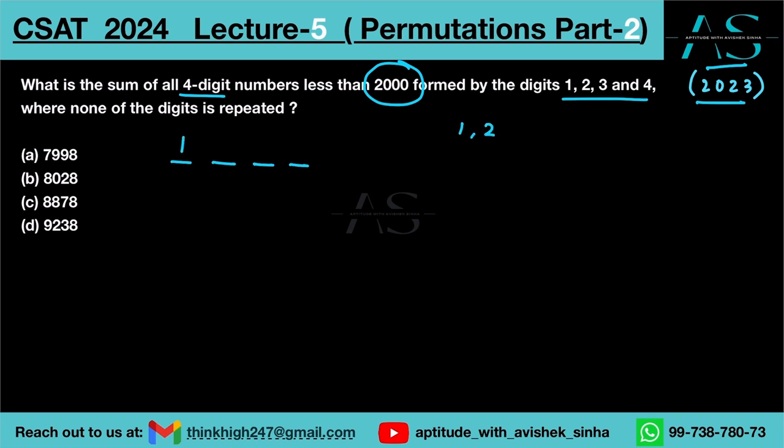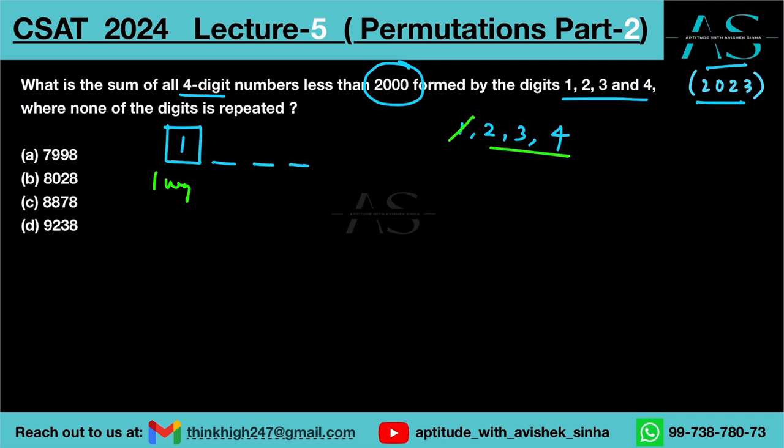And out of the options 1, 2, 3, 4, you know for a fact 1 is straight away here with 100% surety. So this can be done in one way. None of the digits is repeated. Now, in order to fill the next 3 spots, how many options do we have? 3 options, 2, 3, 4.